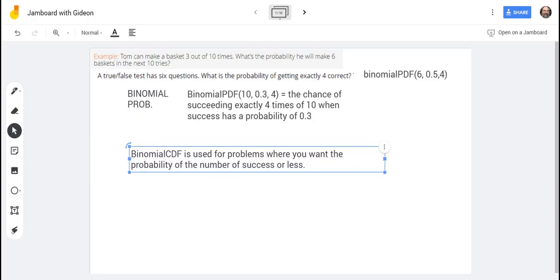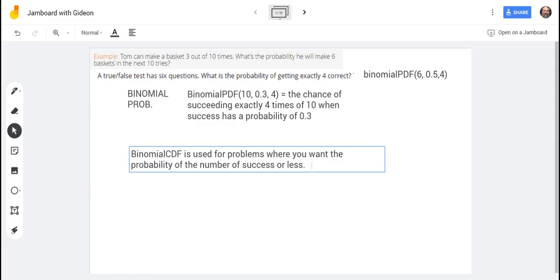If the basket question was, he will make 4 or less baskets, then it would simply be binomial CDF 10, 0.3, 4. You're adding up that number of successes and 3 and 2 and 1 and 0. And the only neat trick is if it asks for something like, what's the chance of between 2 and 6 successes, including 2 and 6?